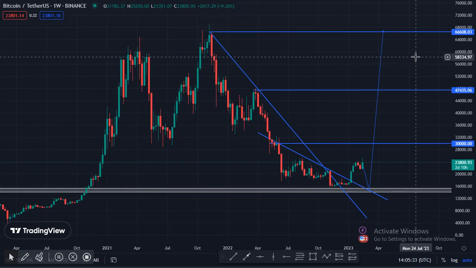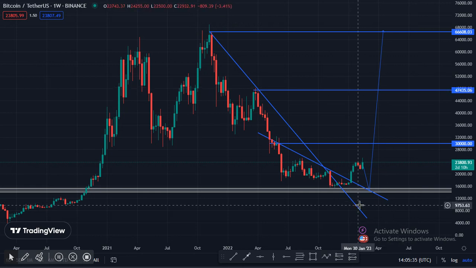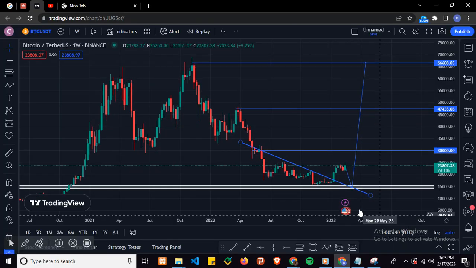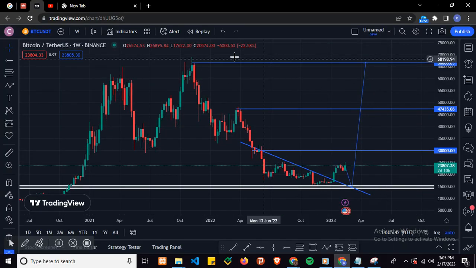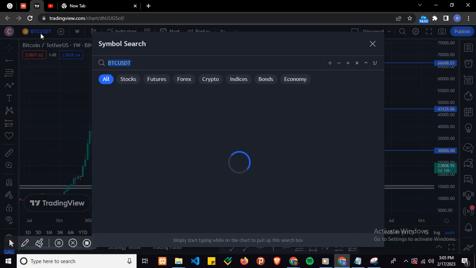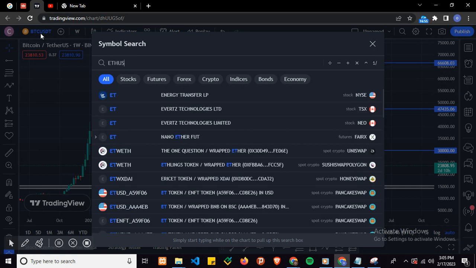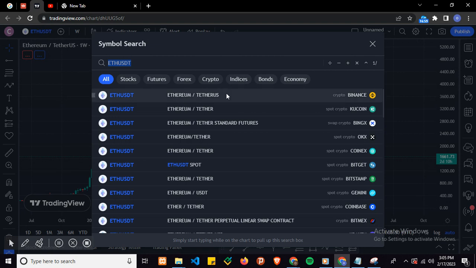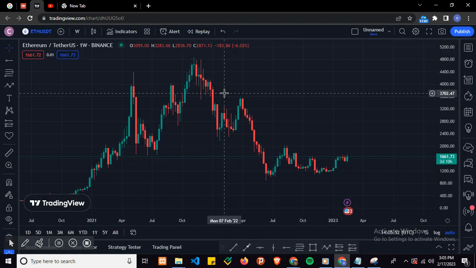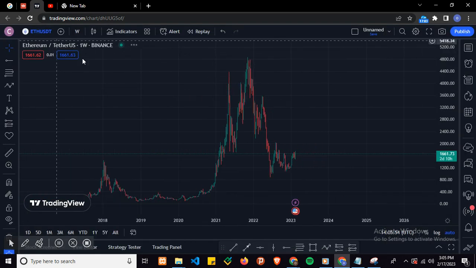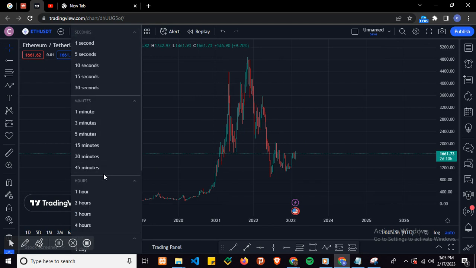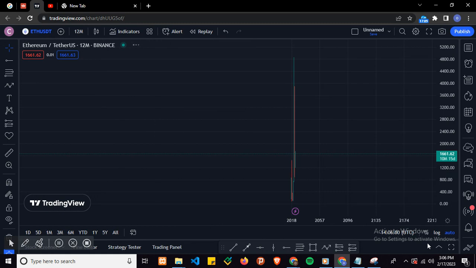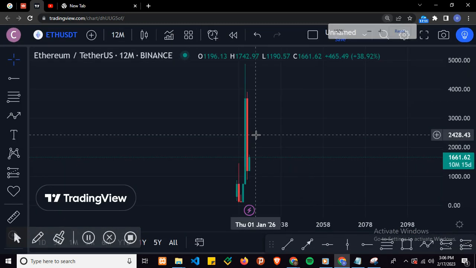Let's go to ETH, ETH USDT. Enter. So enter here. This ETH, I think BTC and ETH both have the same movement, the same trend. Can you see?